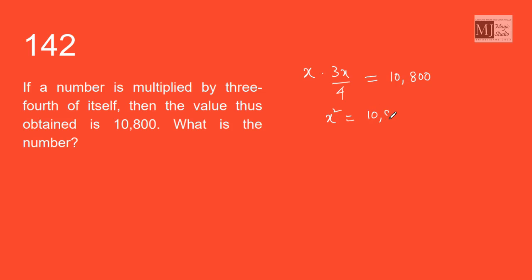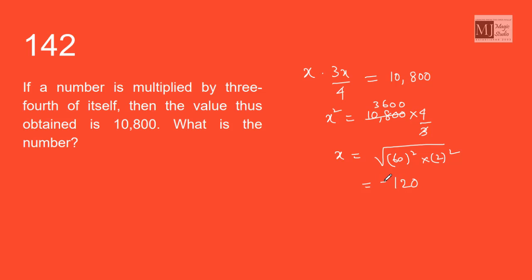X square is 10,800 into 4 by 3, 3600. So x should be, 3600 is 60 square and 4 is 2 square. That should be 60 into 2, 120.